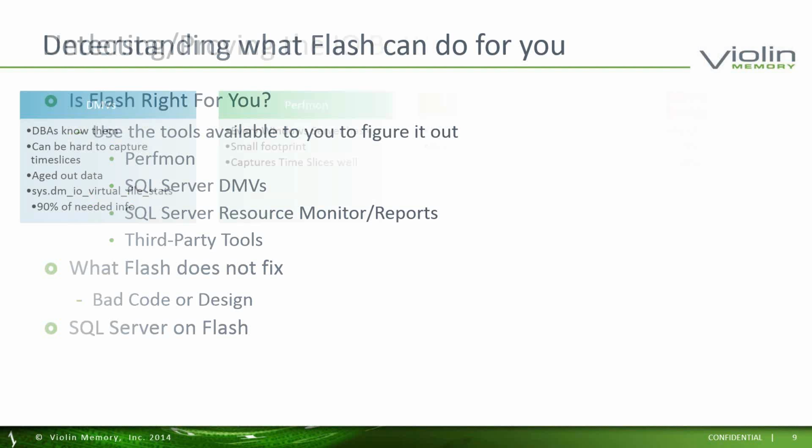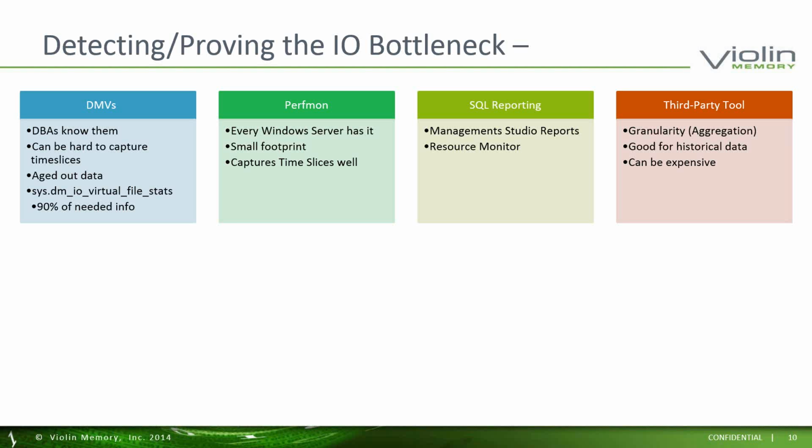The categories for the tools pretty much fall into four. You have your normal DMVs. They're good because DBAs know them. They can be a little hard sometimes, making sure you capture the time slices, and they do tend to get aged out, so you need to work around that.